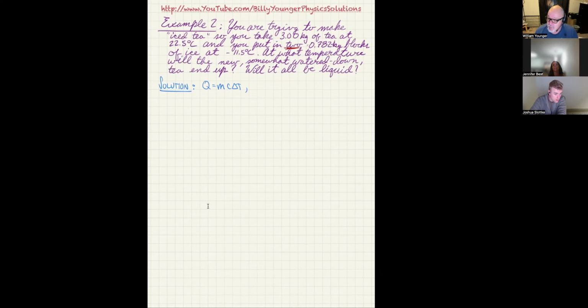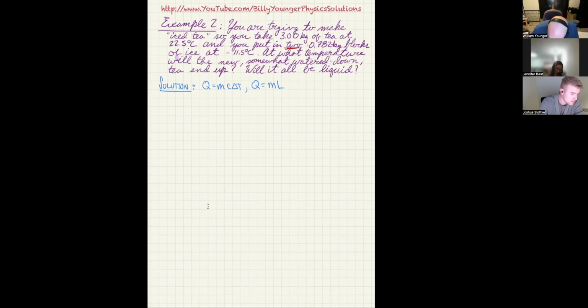And then once that ice becomes water, it's free to change temperature like the rest of the water, so we got to make sure that we take that into account. The other one is, of course, changing state requires Q equals M times L, where L is the latent heat.